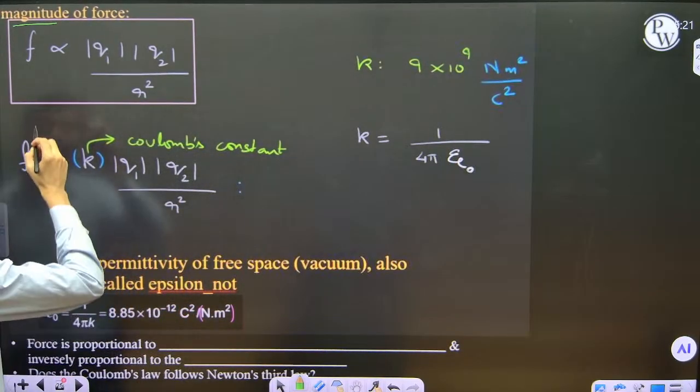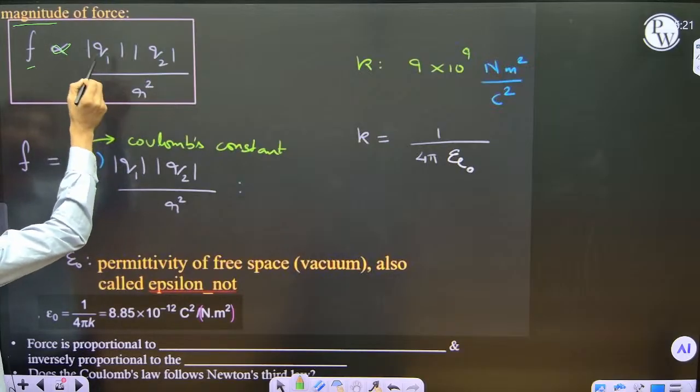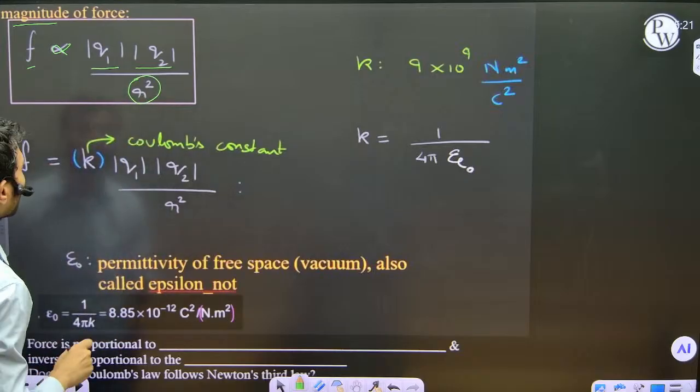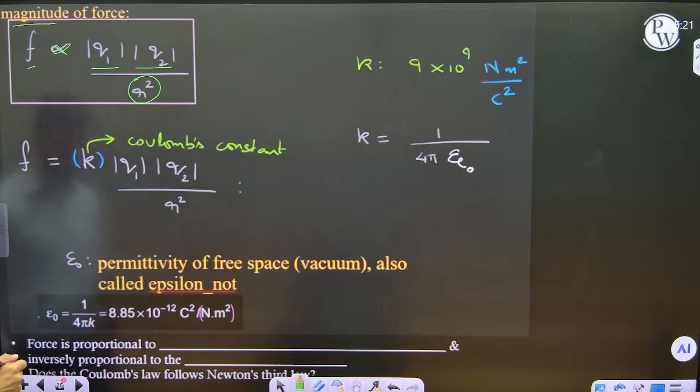So the magnitude of force is found to be proportional to mod q1 mod q2 divided by r square. And what are q1 and q2 here?